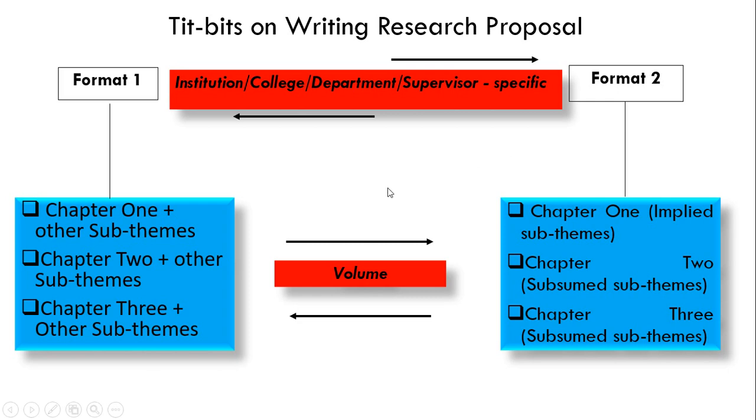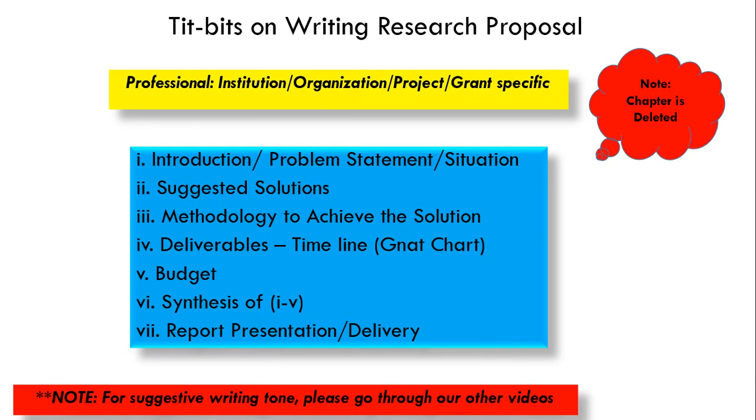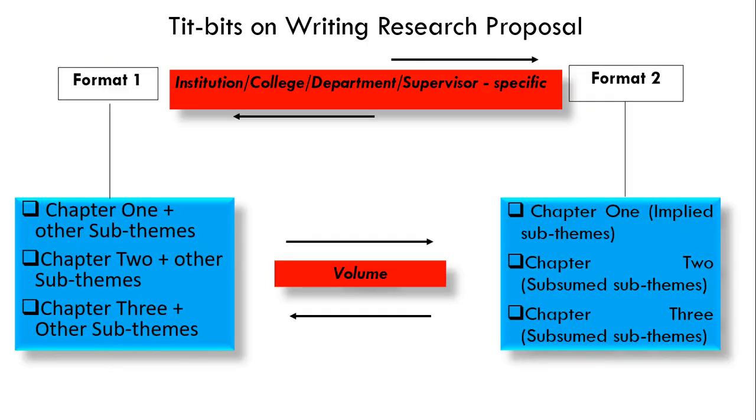This is the academic research proposal, which often is institution, college, department, or supervisor specific, while this is a professional proposal, which is also institutional, organizational, or project or grant specific, as the case may be.